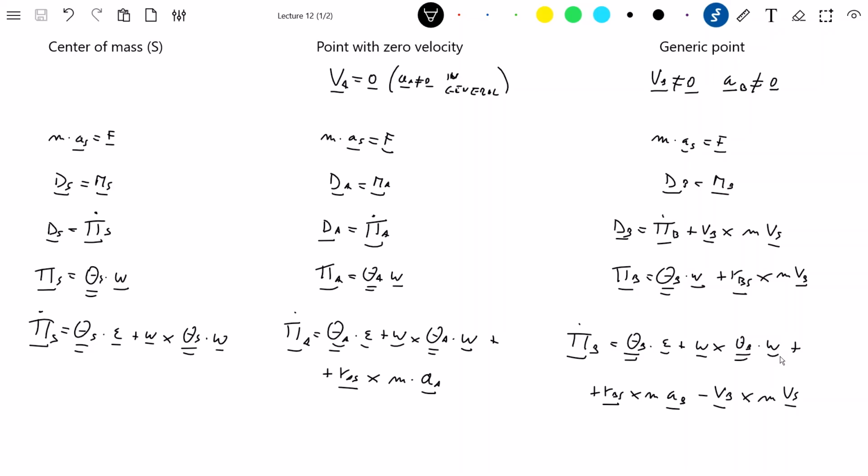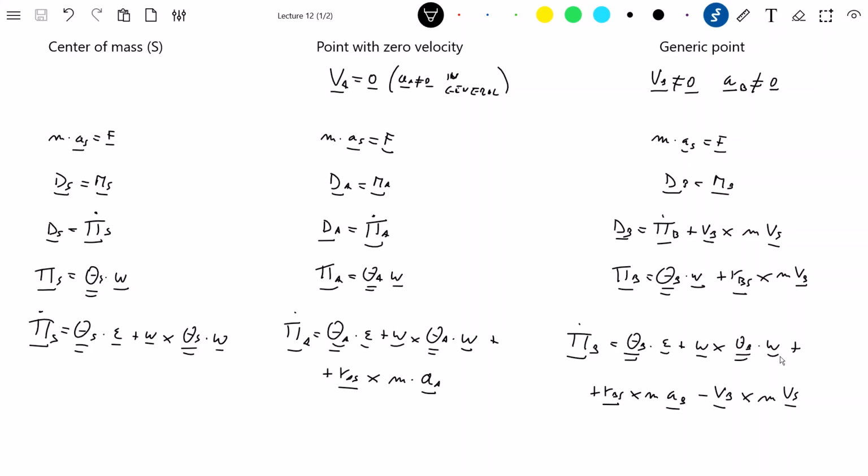And here if instead of B you have S, you have RSS, which is 0. So this term is also eliminated. And similarly here, if instead of B you have S, this will be 0, and then VS is parallel to VS, so this will also be 0, and you will be left with this, where B is substituted with S, which is the same thing that we have here on the left.